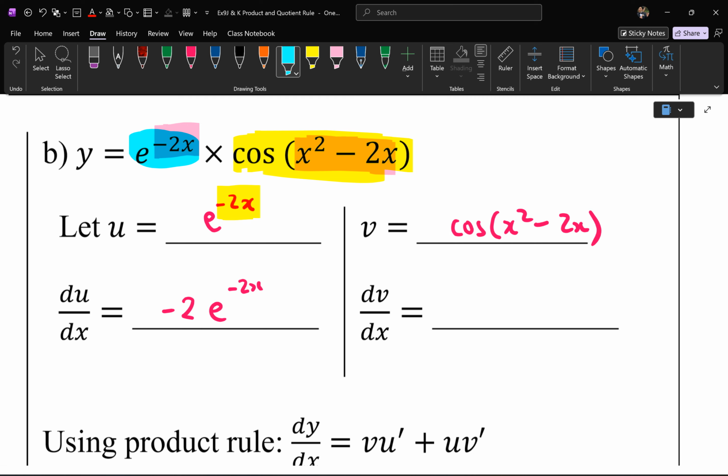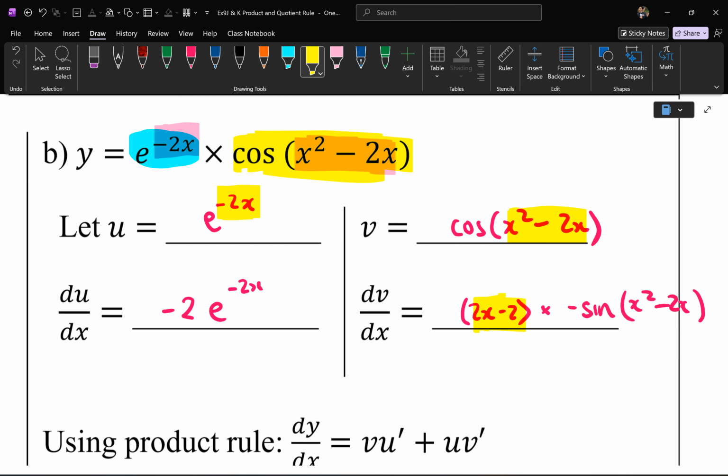Let's go with Krish. What's the derivative of v here? That's good. Negative sine of? Beautiful. That's a classic example of chain rule. So derive the inside is what he did first.